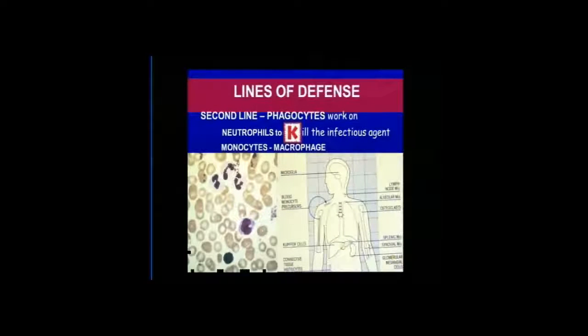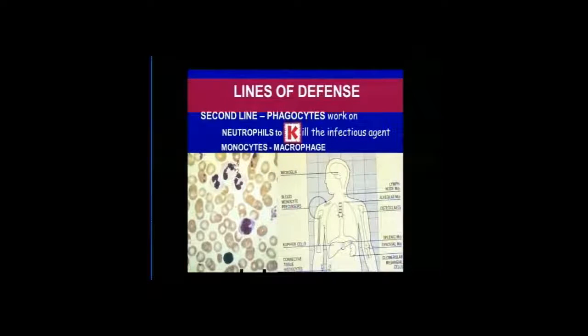The other thing is you kill the infective agents. And the neutrophils that we see there, there are three neutrophils at the top of that slide. You can see them right here, those three. And there are also macrophages. Now the one in the middle there is a monocyte that gives rise to a macrophage. But you see over here on this man where there are different macrophages throughout the body.